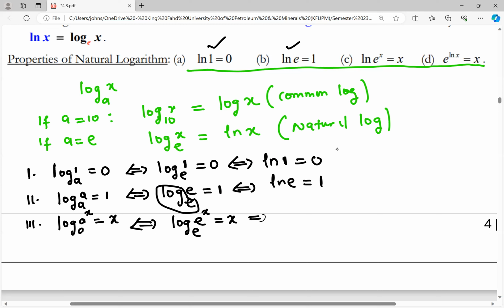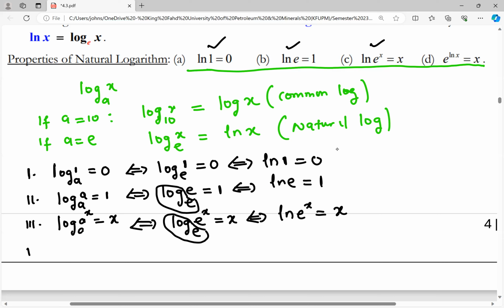This is simply because log to base e is ln, so ln of e to the power x is just x. And that is why we have this property.